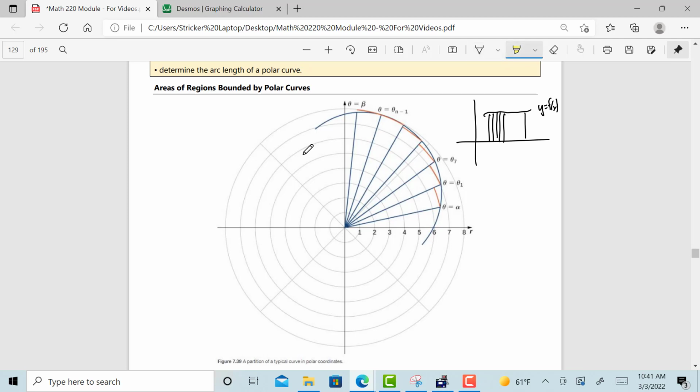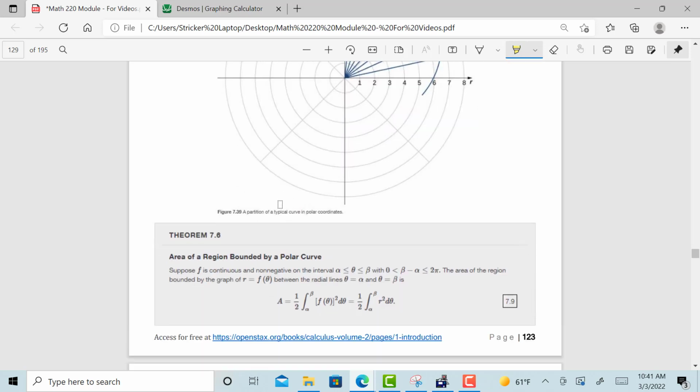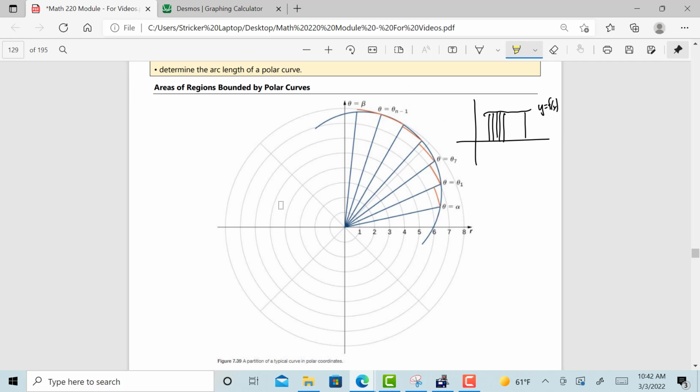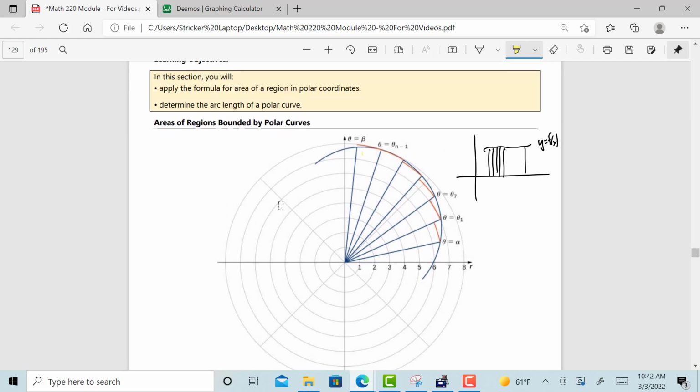We're not going to get into the weeds of that, but what I do want to discuss is the formula. Theorem 7.6 says the area of a region bounded by a polar curve: suppose f is continuous and non-negative on the interval where theta goes from alpha to beta. Now, this is the part I really want to discuss, because say this is our area right here.